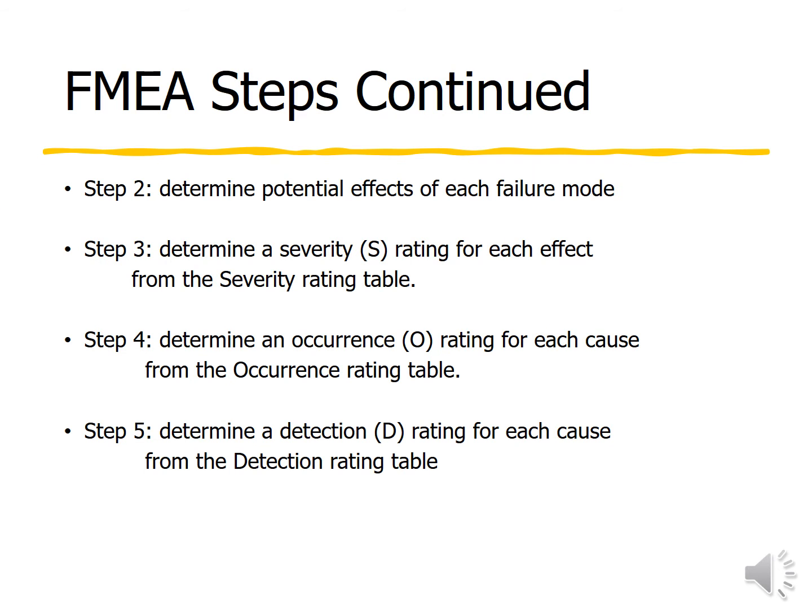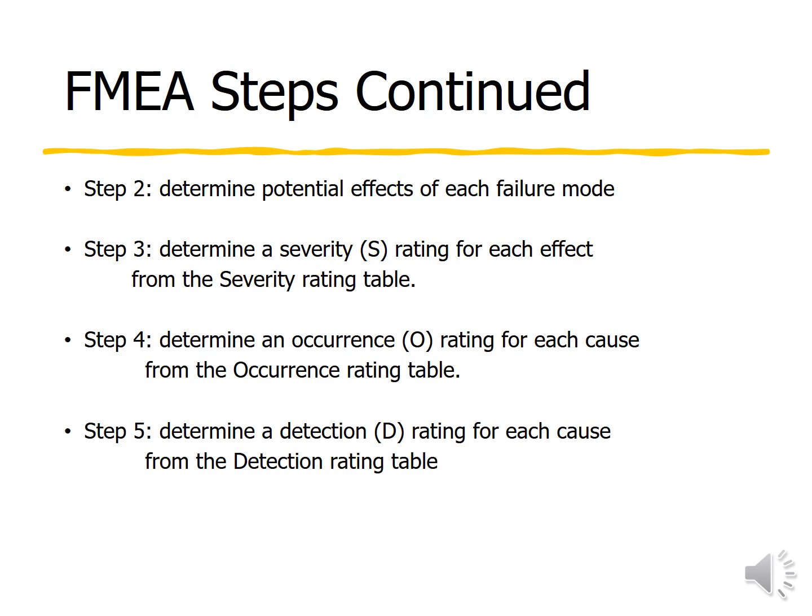Step 2, determine the potential effect of each failure mode. Okay, meaning, for example, you have a product. Before you start production, you need to do the FMEA. You are brainstorming what the potential effects and potential failures of the product are. Step 3, determine the severity rating for each effect from the severity rating table.